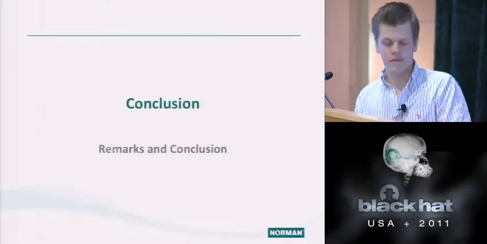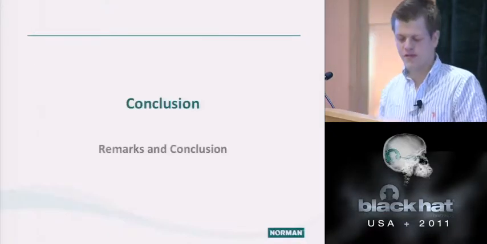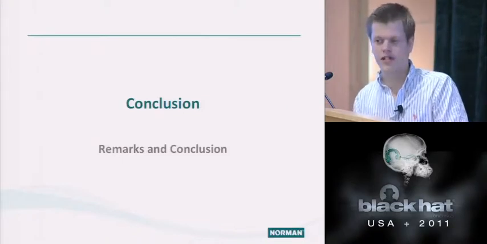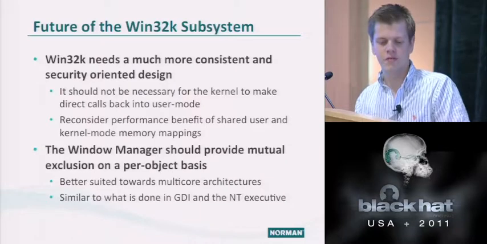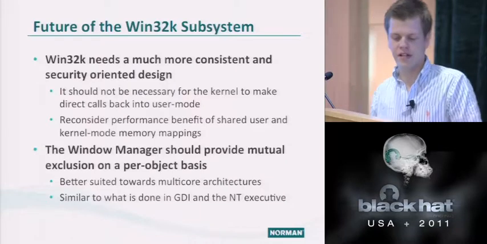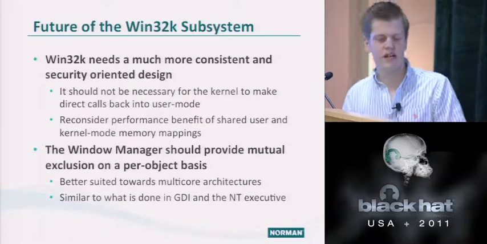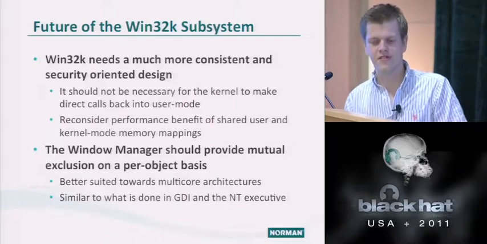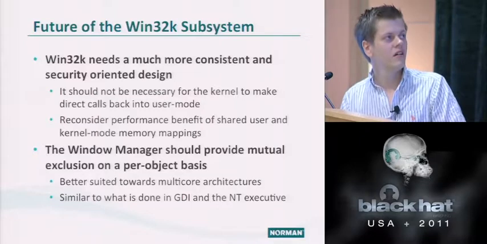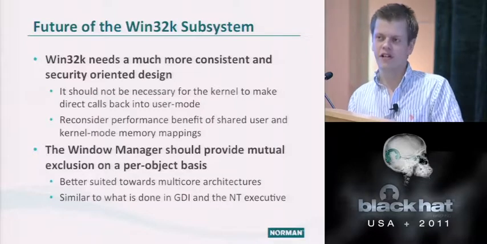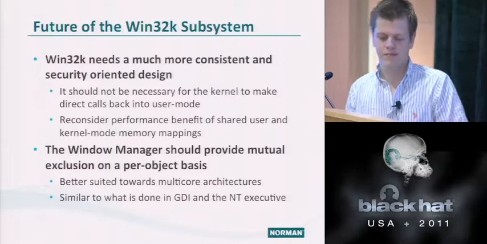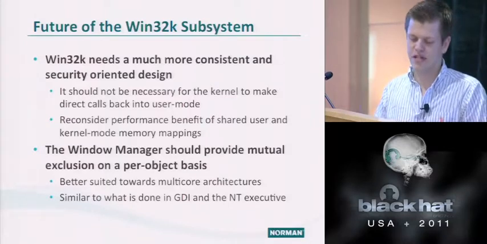So that sums up the talk. I'll just do a brief conclusion. Considering the future of the Win32K subsystem, it needs a much more consistent and security-oriented design. It should not be necessary for the kernel to make calls back into user mode. Doesn't really make much sense.